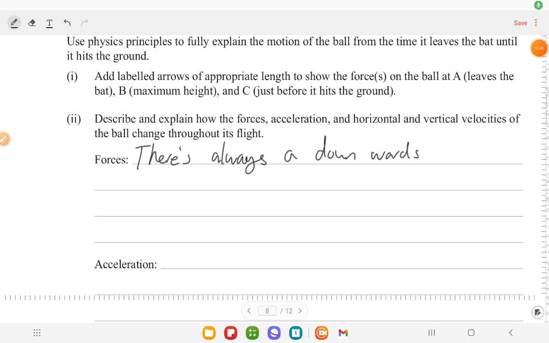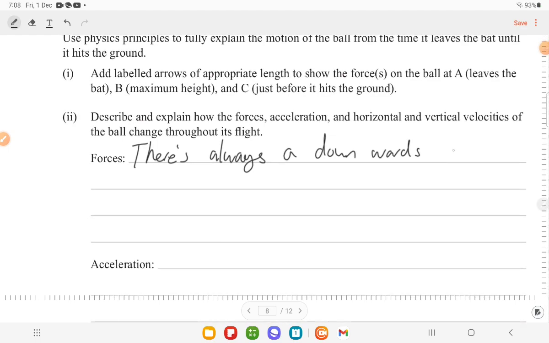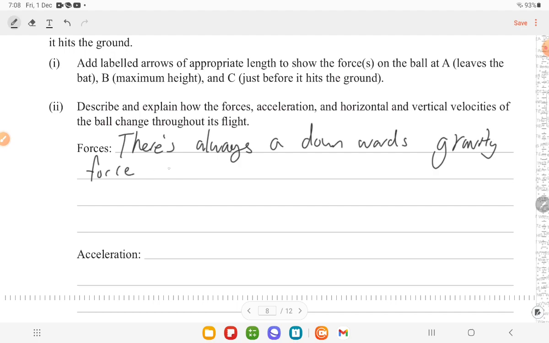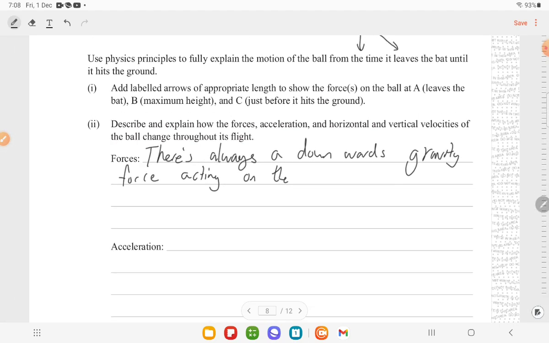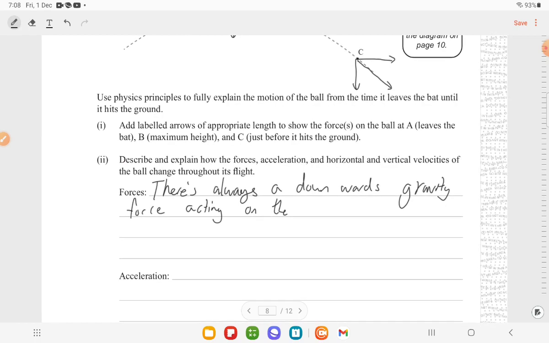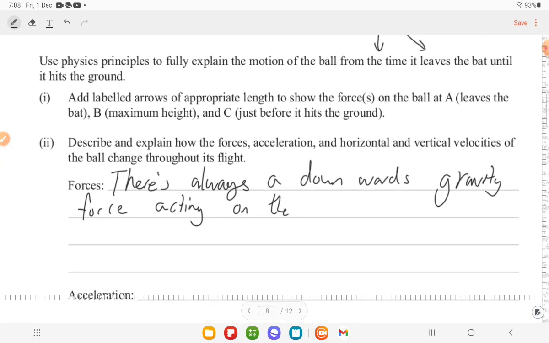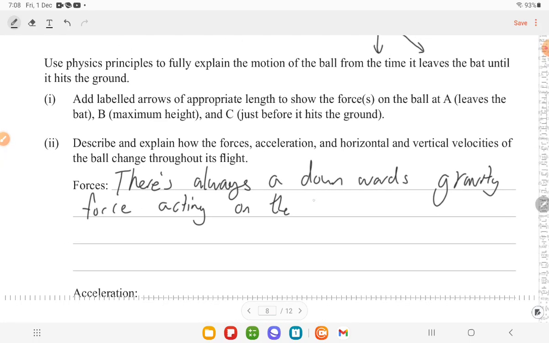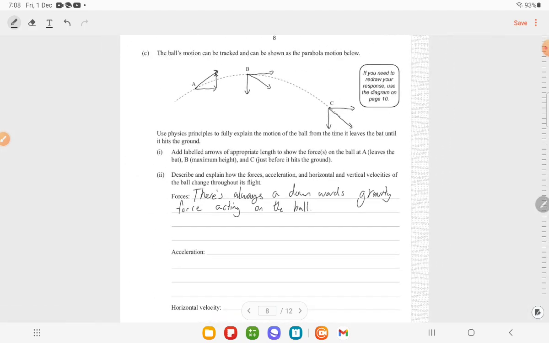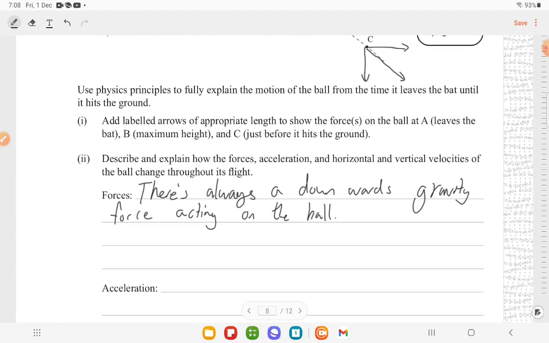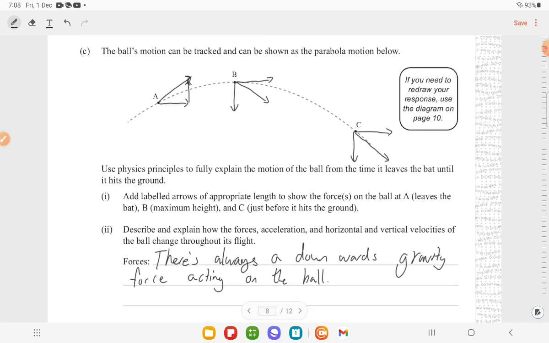Okay, yeah, it's a downwards gravity force acting. I'll assume air resistance is negligible. Force acting on the ball: a downwards gravity force acting on the ball. It's always a downwards force acting on the ball.